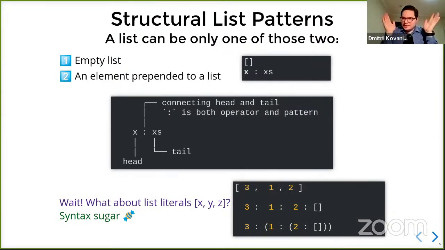And Haskell has tons of syntax sugar. If you write 3 elements comma separated, you can think of this as prepending 2 in the beginning of the empty list, then prepending 1 to the resulting list, and then finally prepending 3. This is how you can get it, but it's more convenient to write it in square brackets.